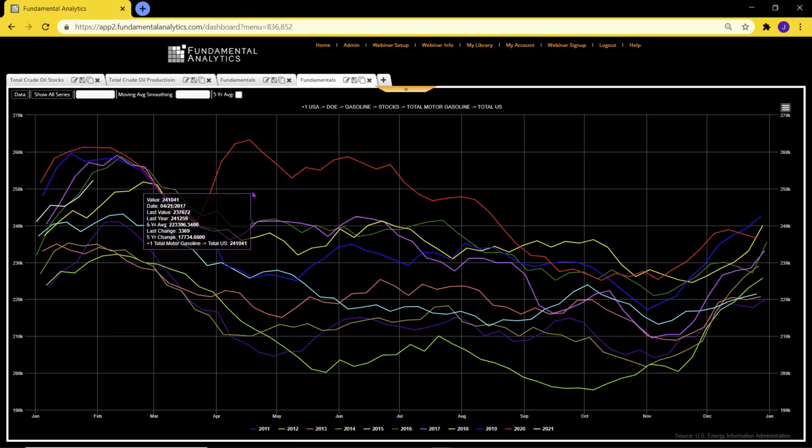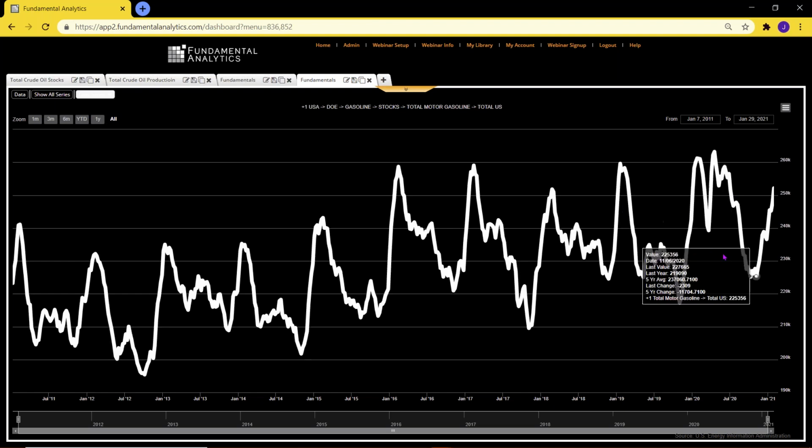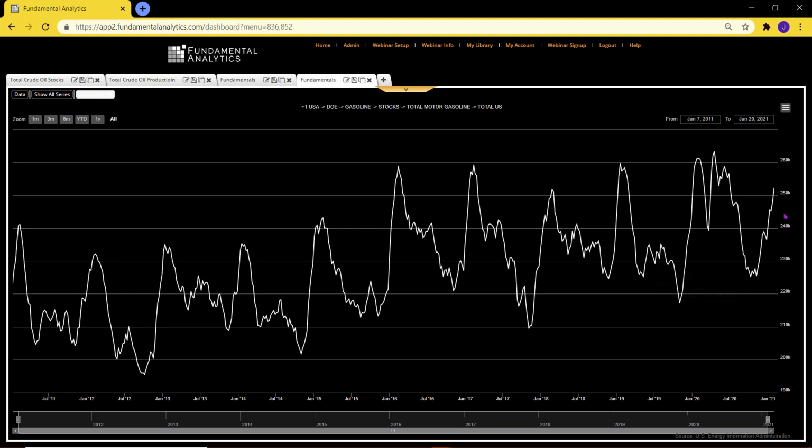And so therefore we had this inventory pop, which we've been working off, and at this point have a little more reasonable seasonal values as we go along. Now I'll switch to the time series. And we see again, where normally this would have come off and stayed off, it popped back up, and we're seeing the seasonality come back into the gasoline.